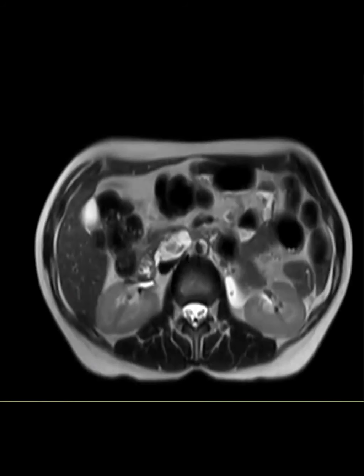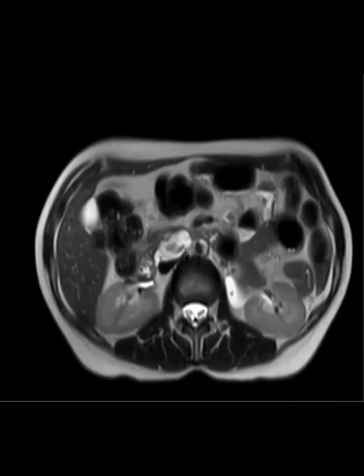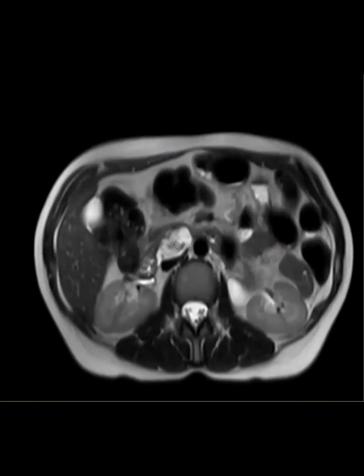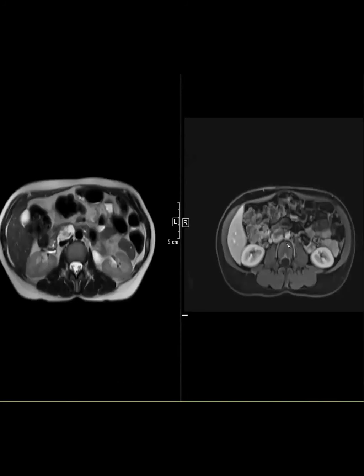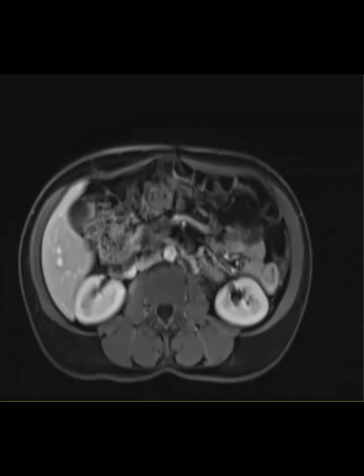So she got an MRI. This was what the MRI looked like. It was very T2 hyperintense, very cystic looking. The central part did have some kind of thin enhancing septae here.